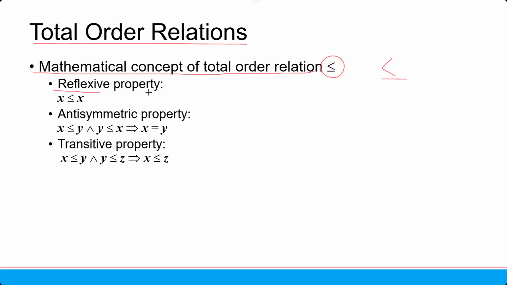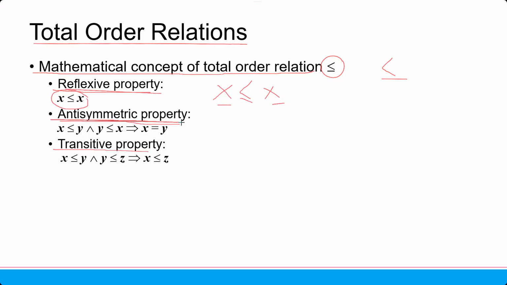It has three properties. The first property is this one: X is less than or equal to X. This is the reflexive property. So if X is the same as X, we can just say that.